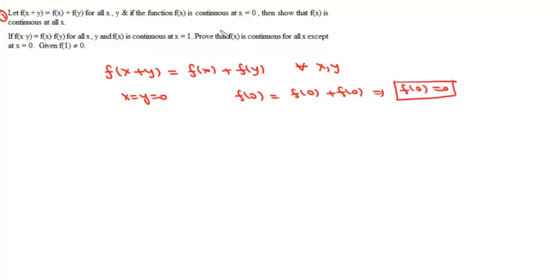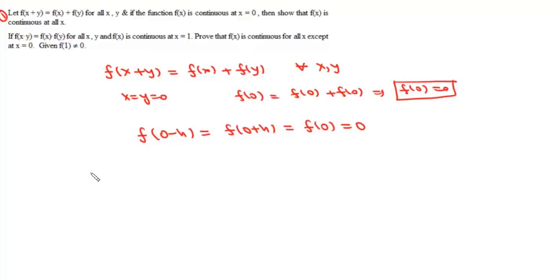Now it says f(x) is continuous at 0. And if f(x) is continuous at 0, that means the limit of f(0 - h) must be equal to the limit of f(0 + h), and it will be equal to f(0), and f(0) in this case is 0. Now we need to show that it is continuous for all x.